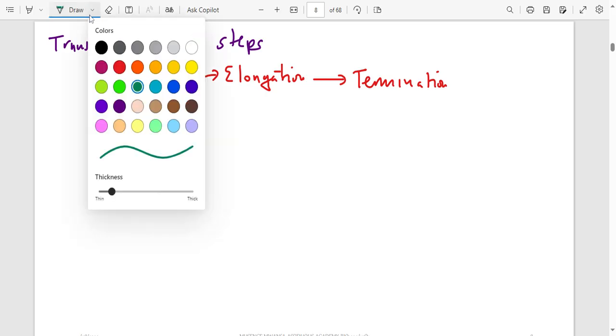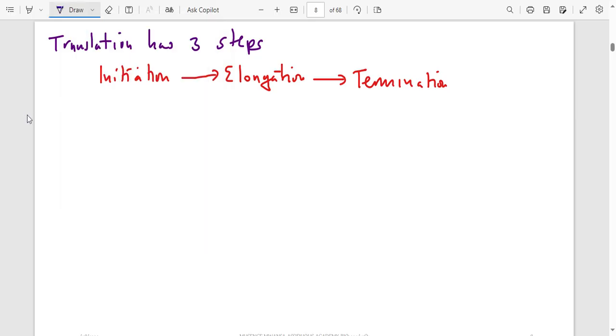Where does it go? It is going to go into the cytoplasm. Please take note of that. This step is happening in the cytoplasm. Actually, everything is happening in the cytoplasm. Let me just write that.